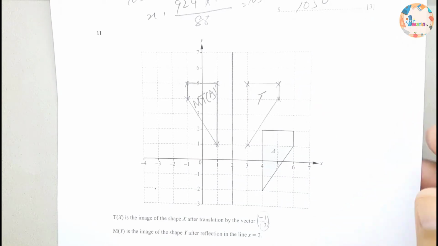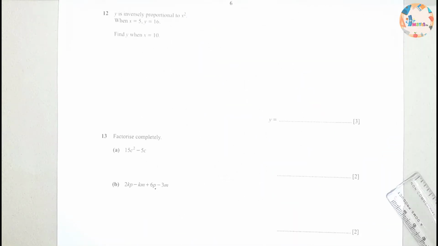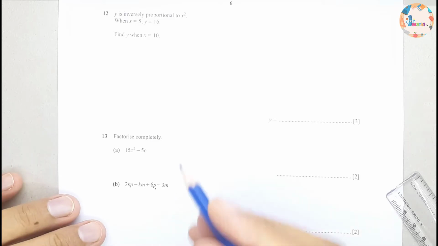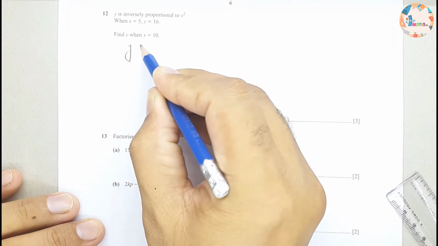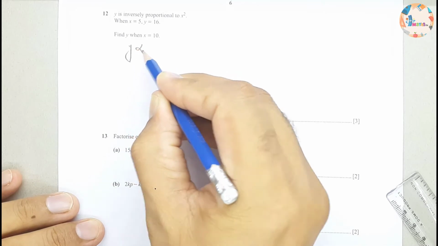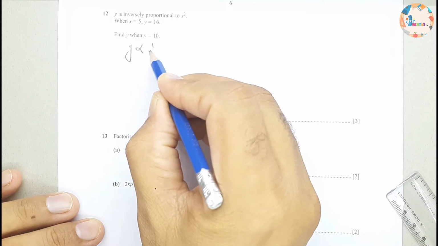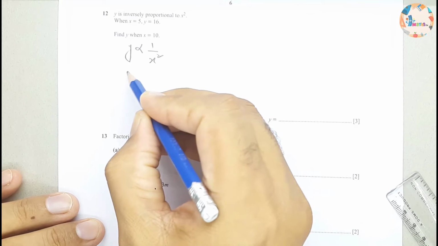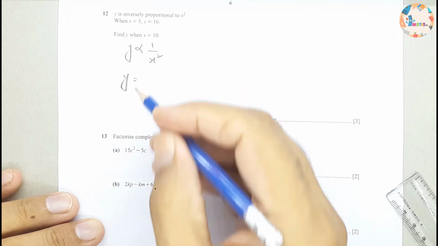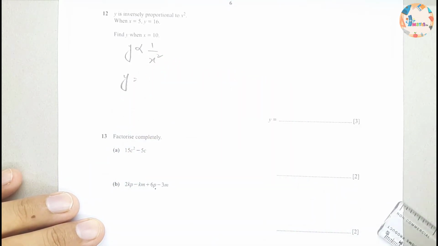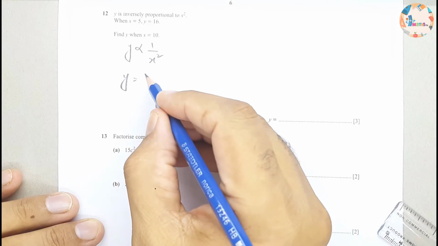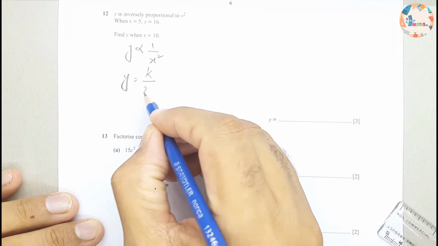Hopefully you understood this question as well. Now question number 12, they are saying y is inversely proportional to x square, where y is inversely proportional to x square like that, and y is equal to, we can change the sign of proportionality into equality by putting a constant k over x square.